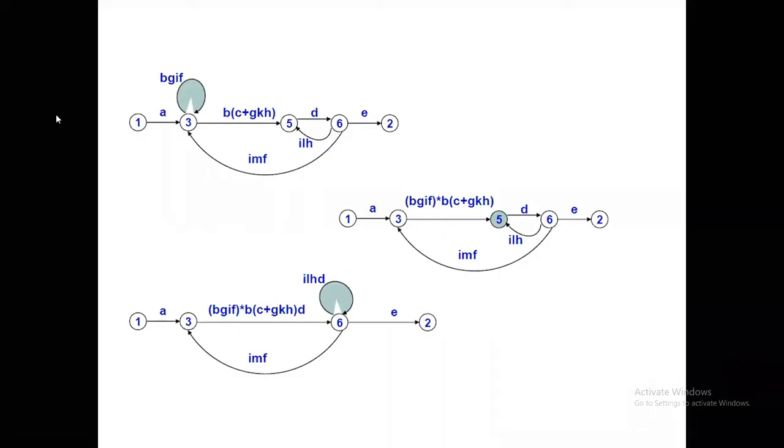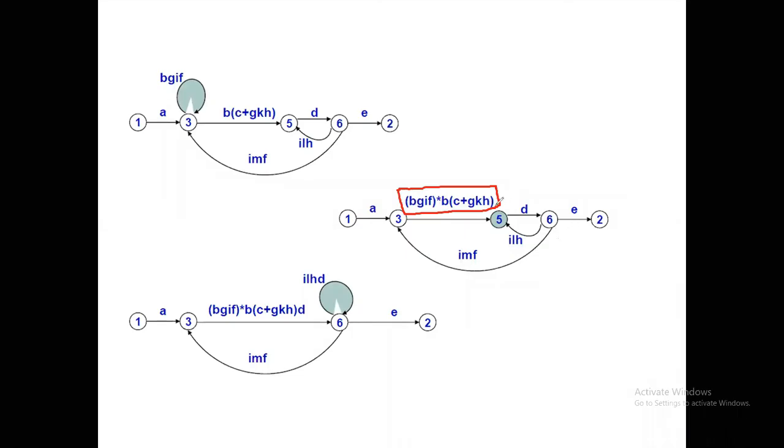There is a self loop, B, G, I, F, and now we can write the path expression like this: 1 to 3, B, G, I, F into B into C plus G, K, H. Okay, remaining everything is the same.